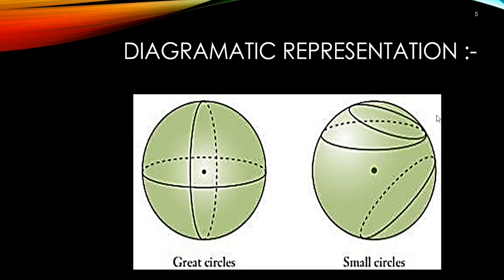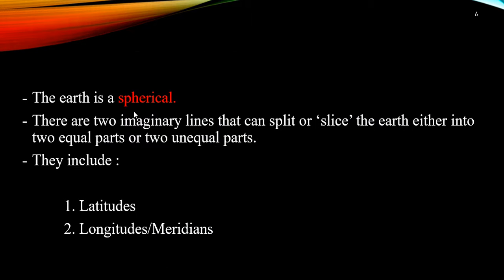And as you can see in the next figure, we have many small circles, but these circles do not divide the sphere into two equal parts. Now, the Earth is spherical, a geoid or oblate spheroid.